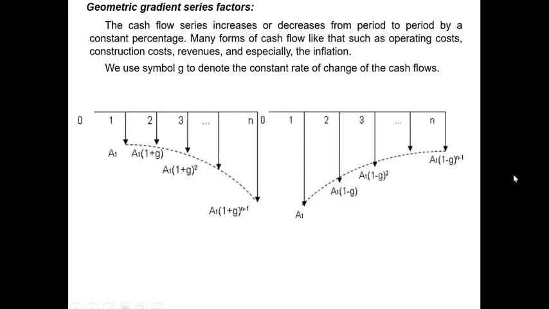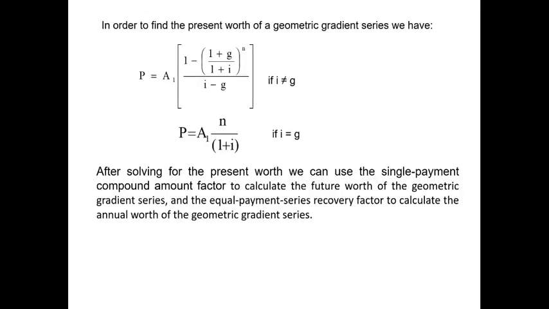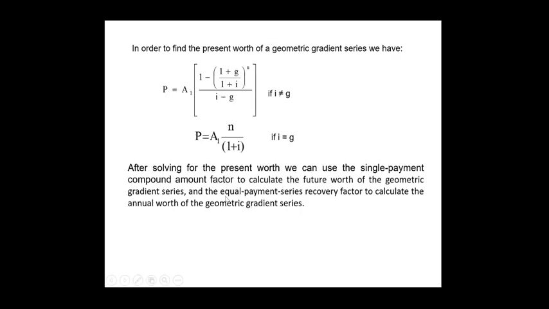The last time we studied the factors to be used to calculate the time value of money, and we stopped at when we studied the geometric gradient series factors. Okay. The geometric gradient series are very simple.